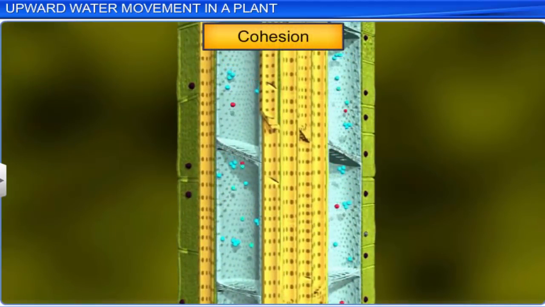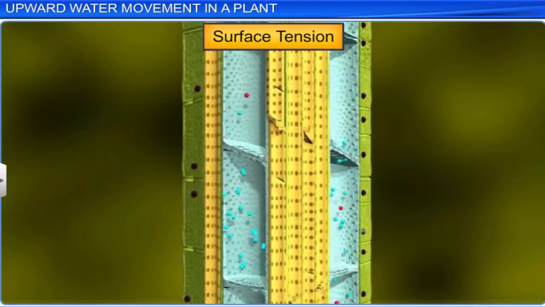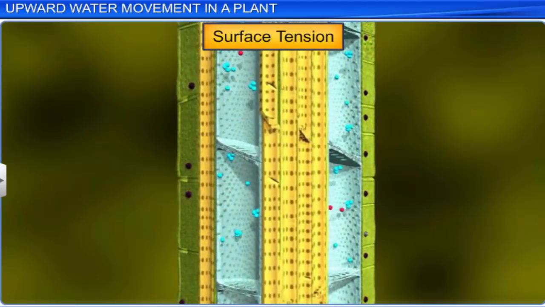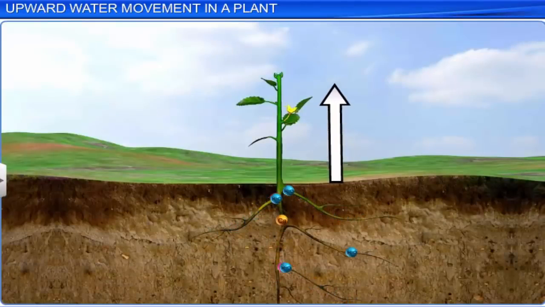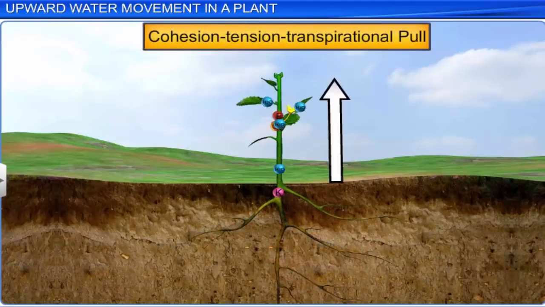Cohesion is the mutual attraction between water molecules, and surface tension is the force acting on a water molecule traveling upwards in the xylem. Since cohesion tension helps the transpirational pull, it is also known as the cohesion tension transpirational pull model of water transport.